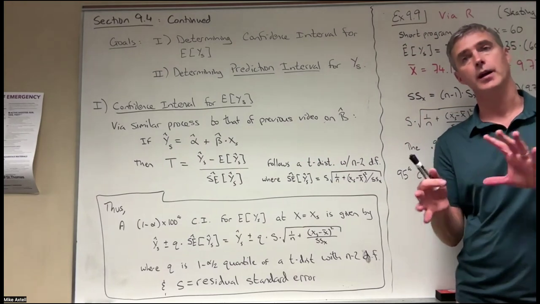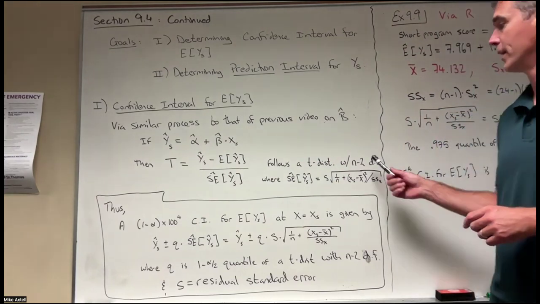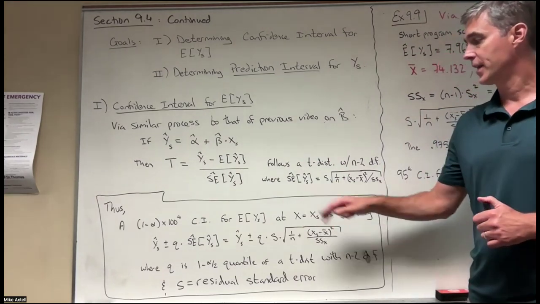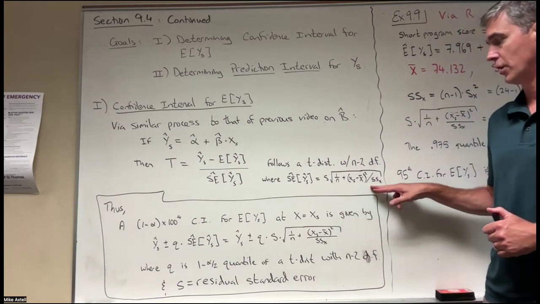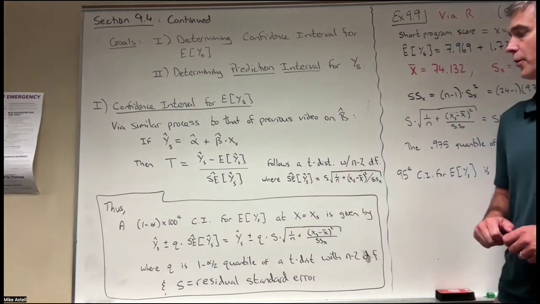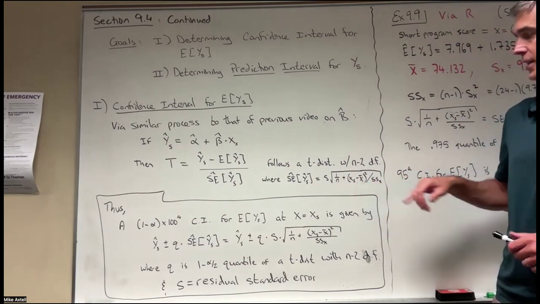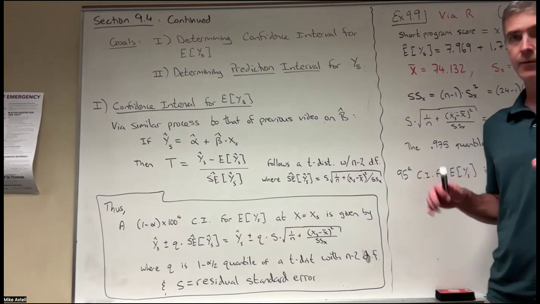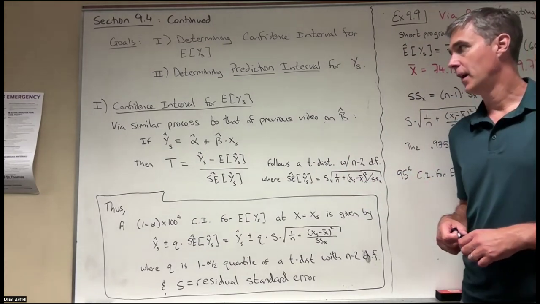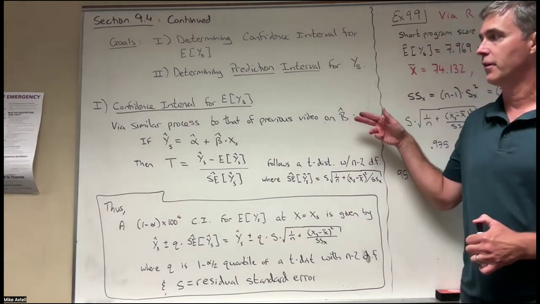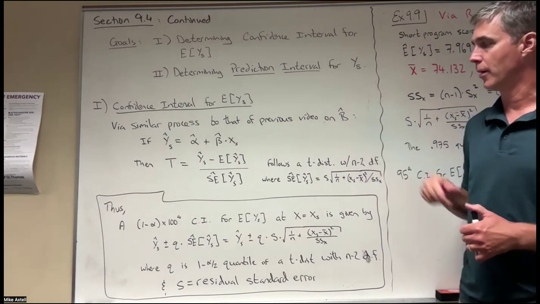It's almost normal, not quite, so it follows a t-distribution with n minus 2 degrees of freedom, where that standard error is given by this expression, s times square root of 1 over n plus xs minus x bar squared over ssx, okay? This is all being done very similarly to how we got information about beta hat.